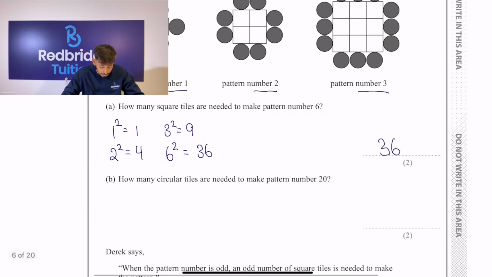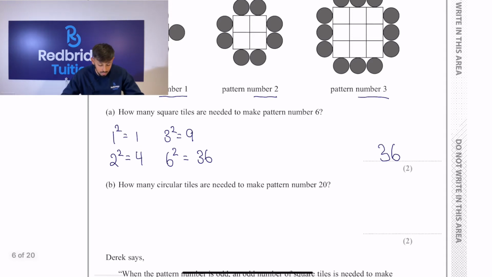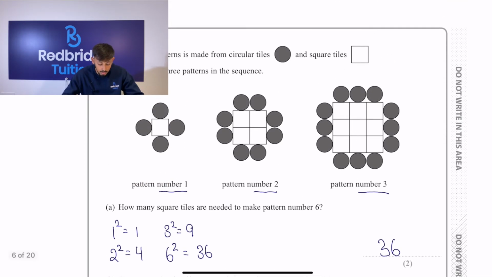Okay, part B. How many circular tiles are needed to make the pattern number 20? Before we can work out the number of circular tiles we need for pattern number 20, we need to look at the relationship between the number of square tiles and the number of circular tiles.